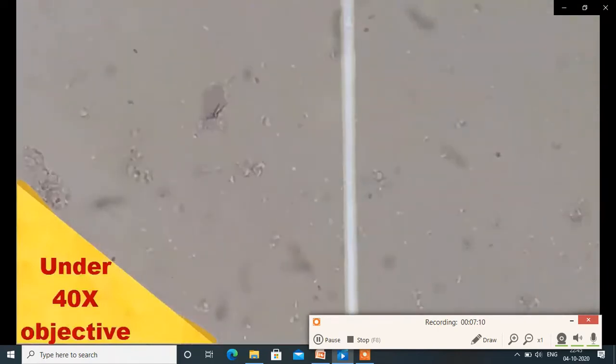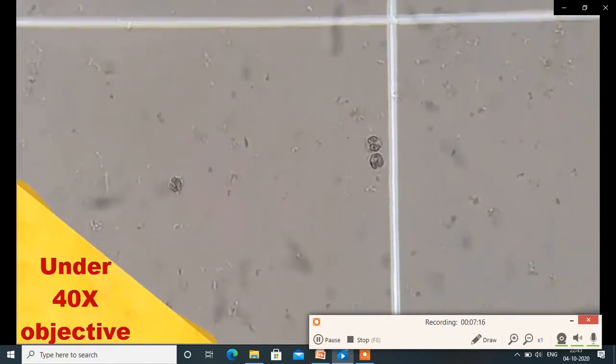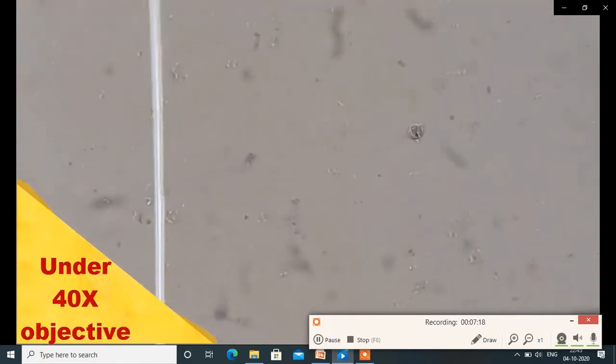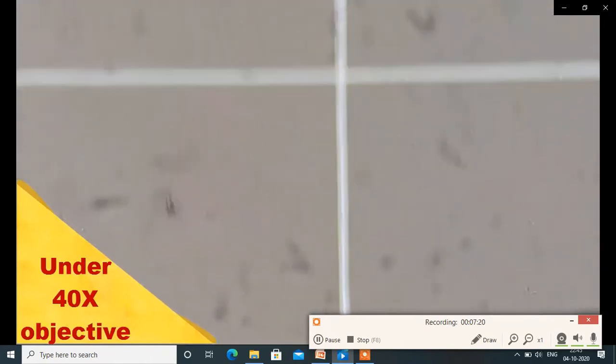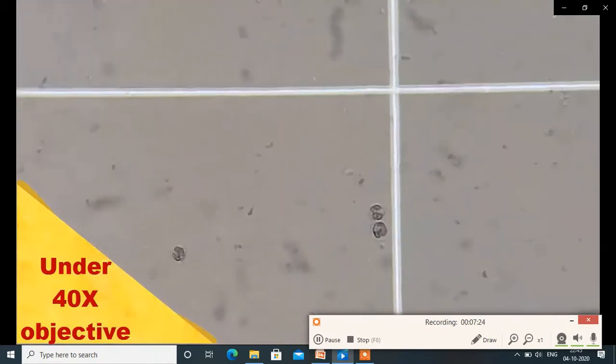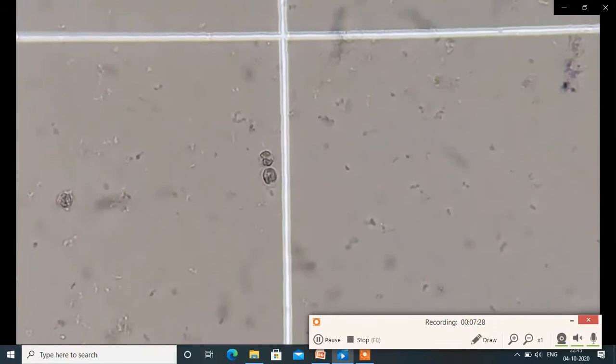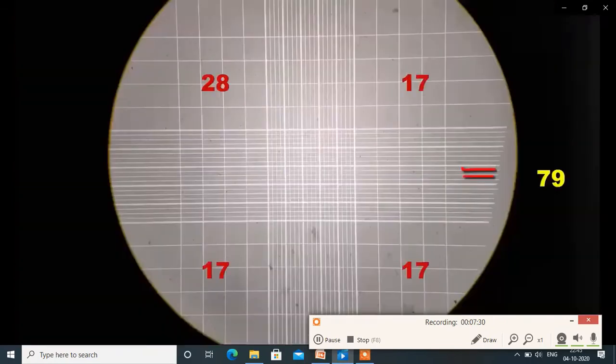Now under the 40x objective, now see the WBC. Now the total is the 79 WBCs.